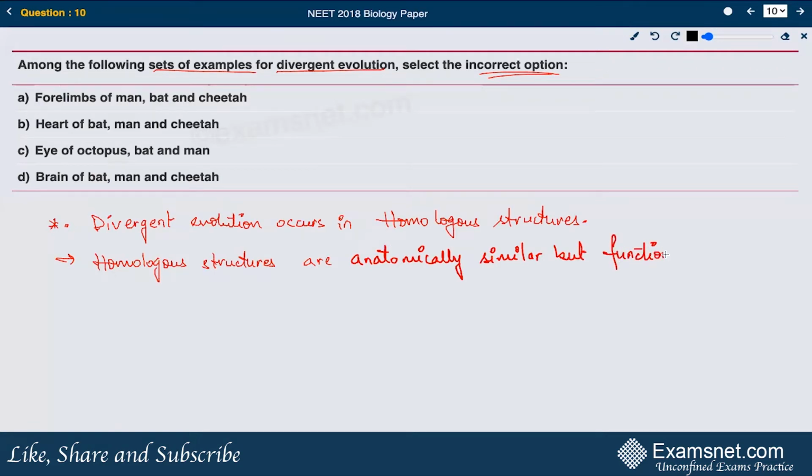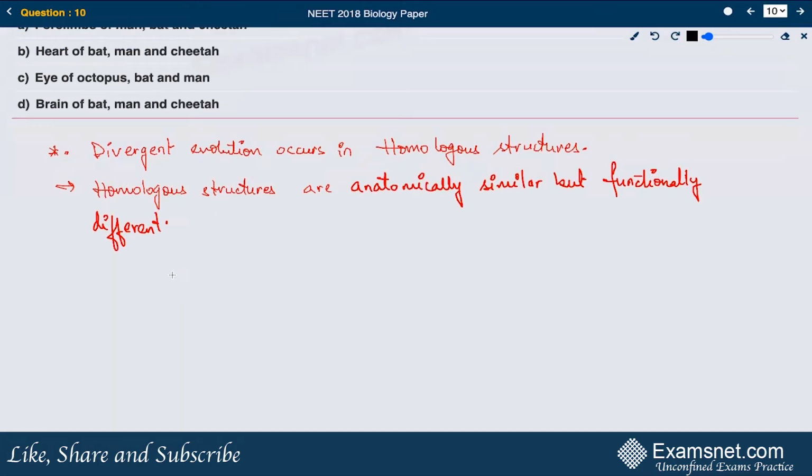That means they will have all the same bones. The bones are of the same origin, but the functionality of these structures will be different in different animals. So that's why they're functionally different. All right. So that is the case.